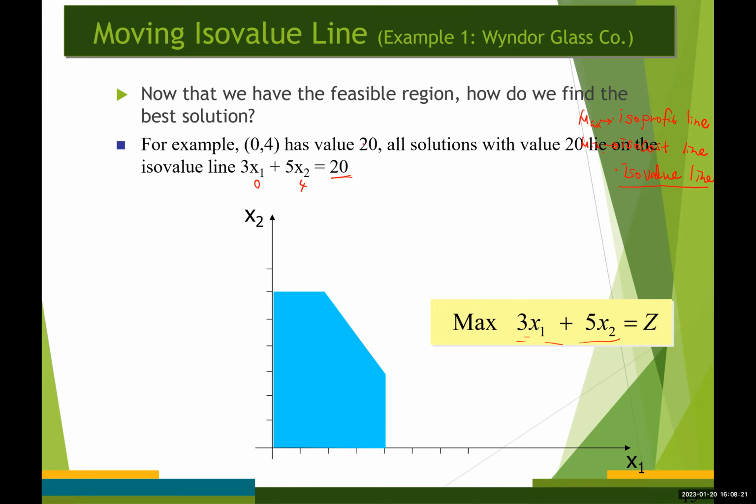So for the point (0, 4), the objective function value will be 20. This means that the point (0, 4) lies on the iso value line 3x1 plus 5x2 equals 20.